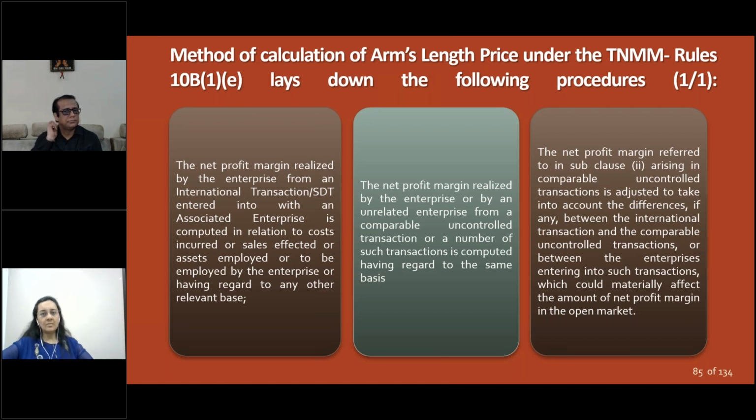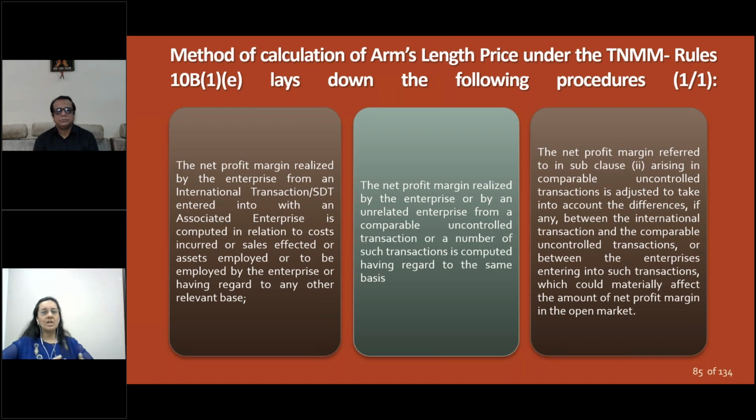Now, either I can benchmark the purchase of raw material and critical components and the payment of royalty as two separate transactions under two separate methods, or I can aggregate them together and say that these two transactions are very closely linked to my entire manufacturing process, and I cannot judge their arm's length price in isolation, and therefore I must aggregate them.